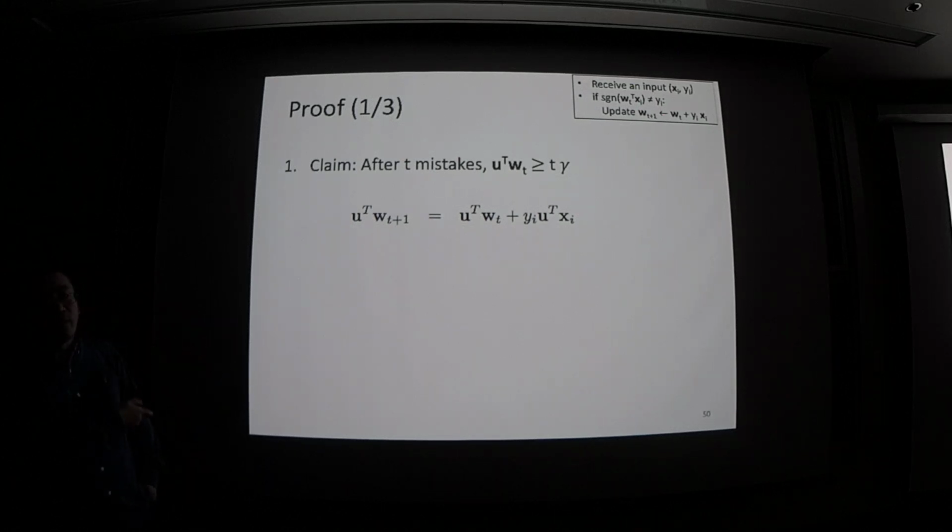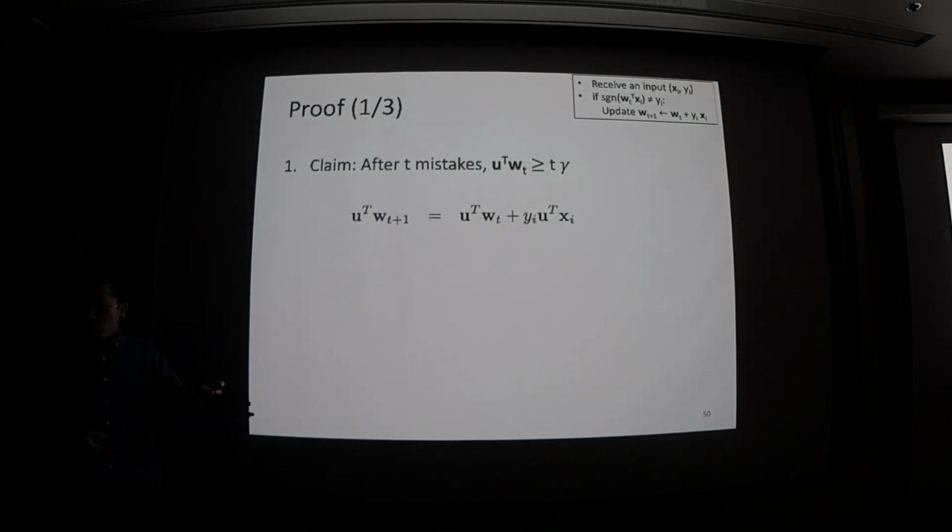If we make a mistake, then we get wt plus 1 by adding yi xi to wt. Remember here we set the learning rate r to be 1, so it's just yi xi, the product of the label and the input vector. Then we can represent wt plus 1 by the right hand side, and multiply by u transpose individually. So we get u transpose wt plus 1 equals u transpose wt plus yi u transpose xi.